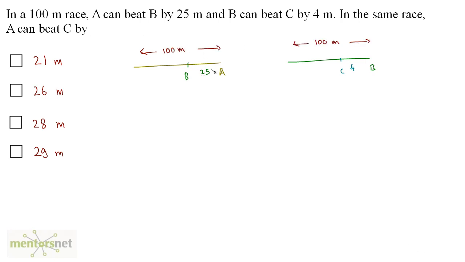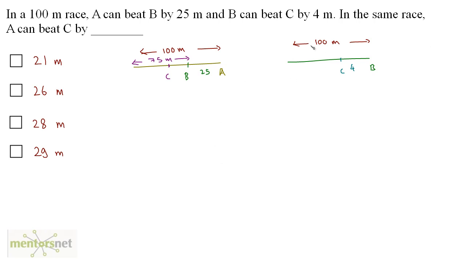The distance of the race course is 100 meters. When A has traveled 100 meters, B is 25 meters behind, right? And C is also behind B. Again I repeat, when A has traveled 100 meters, B has traveled 75 meters, 25 meters behind A. Let us calculate how much distance C has traveled when B has traveled 75 meters, and for that we'll make use of this.